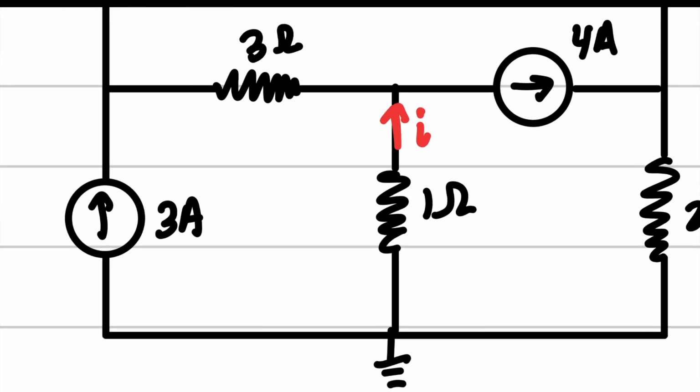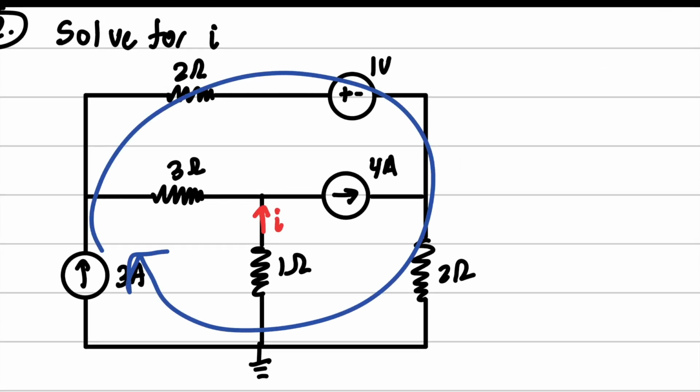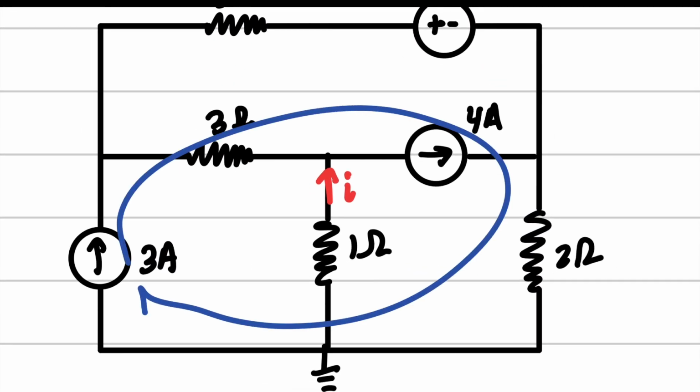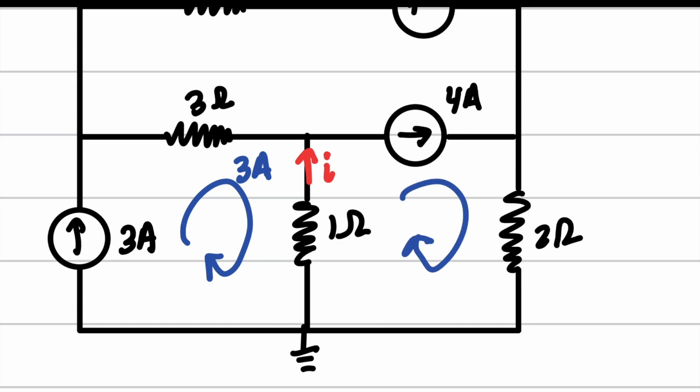So right here, I can assign a loop of 3 amps going around the whole thing because it's touching this branch, or I can choose a loop like this because it's still touching the branch, or I can choose a loop like this because it's also touching the branch. I'm gonna go with this way because it's simpler. And same thing with this 4 amps right here.